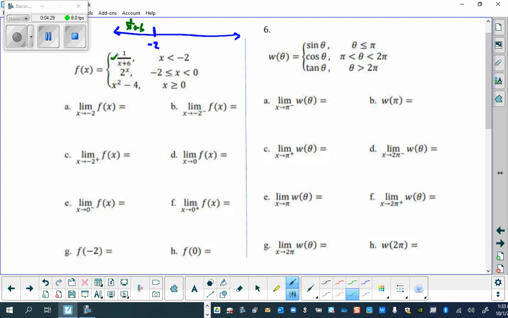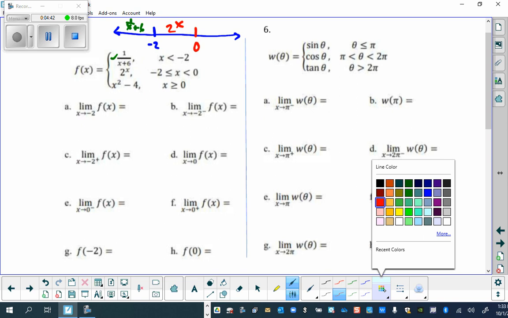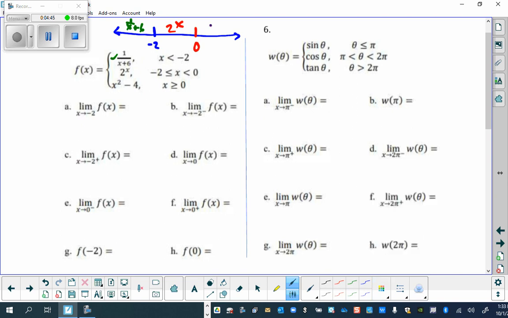When x is greater than or equal to -2 and less than 0, I'm going to go ahead and use this function 2 to the x. When x is greater than or equal to 0, then I'm going to go ahead and use this function x squared minus 4.